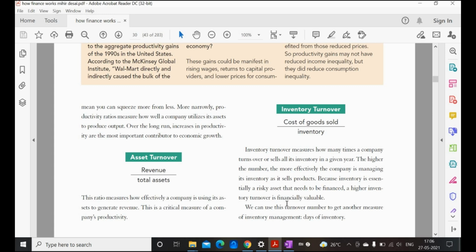So inventory turnover ratio basically tells us how many times in a year the stock is emptied, right?